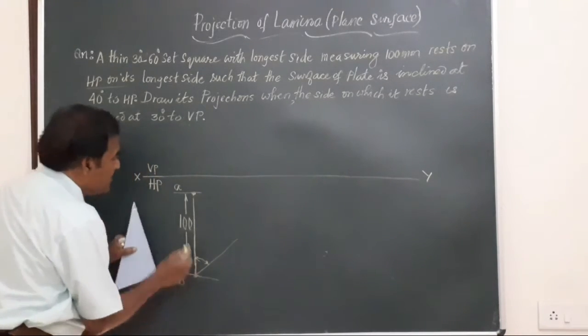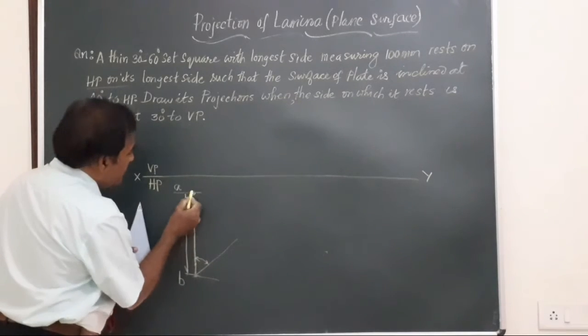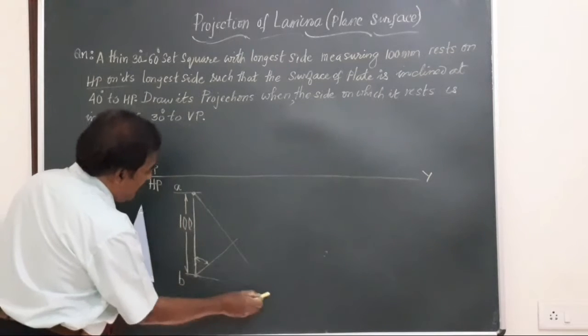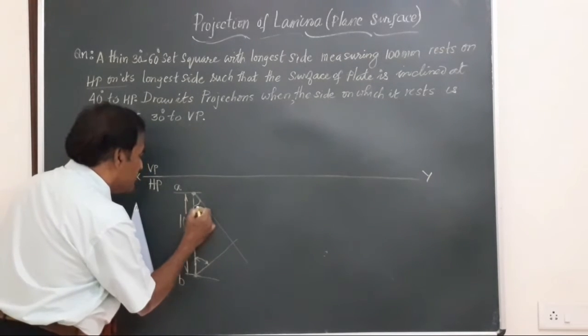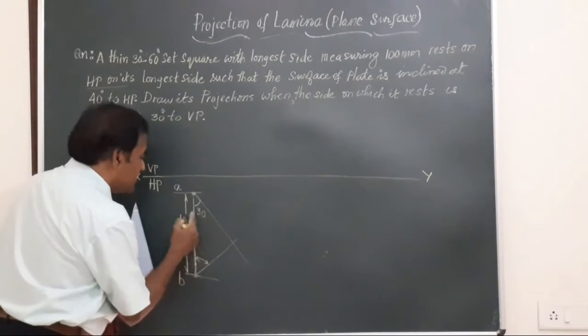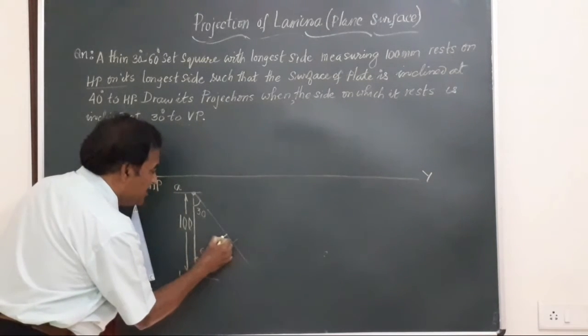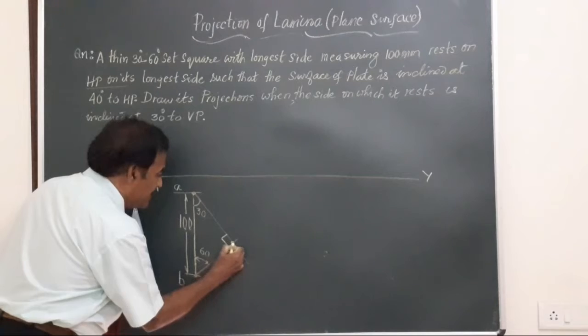Both are the same. Similarly, we don't know the length, so from this point, draw another line at an angle of 30 degrees to the vertical. So this is 30 degrees, this is 60 degrees, and obviously these two will intersect here at 90 degrees.